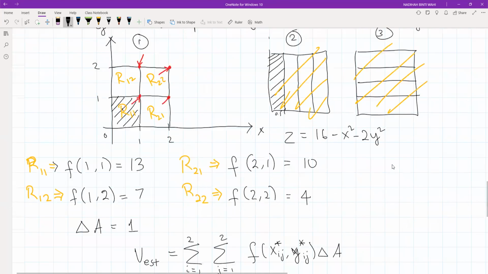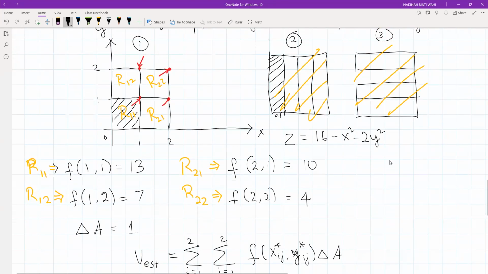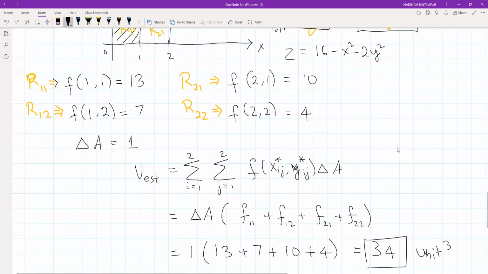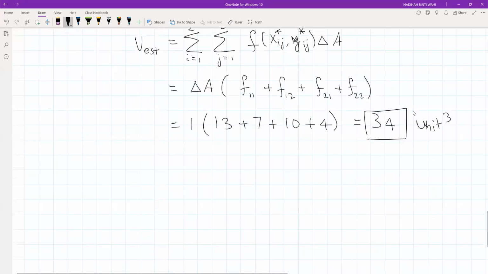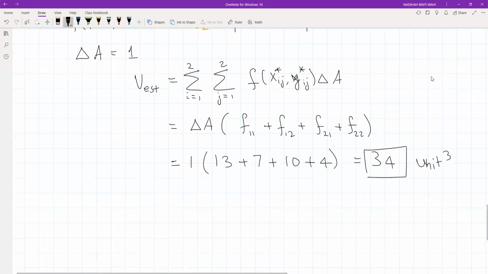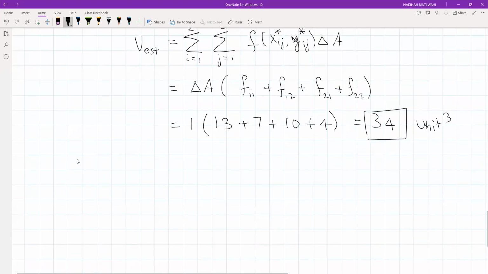Macam mana nak jadikan dia lagi precise? You need to divide more rectangles. Awak pernah belajar MTH 3500 tak? Belum lagi. Okay, tak apalah. Sebab kalau awak belajar MTH 3500, awak boleh guna, ataupun mungkin siapa yang dah pernah guna programming, you try to use for loop.